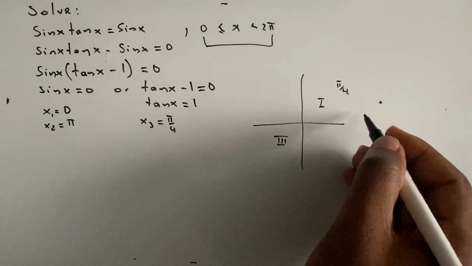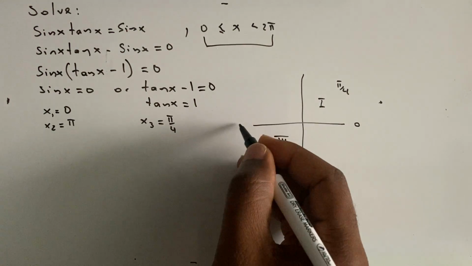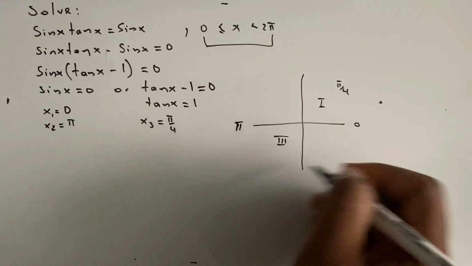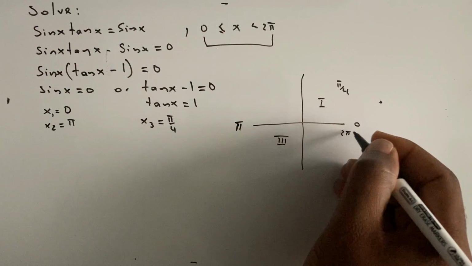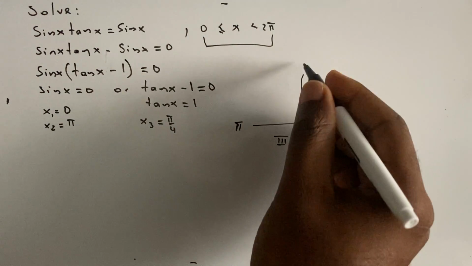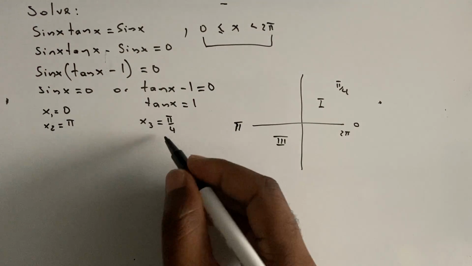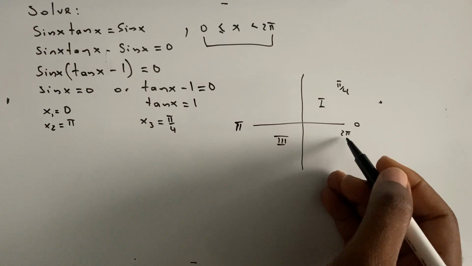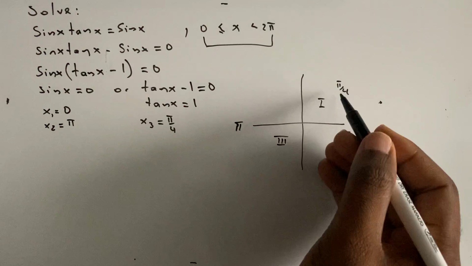And also here, because this is 0 right here, and pi, and if we go full circle, it's 2 pi. Then this is pi over 2 and 3 pi over 2. So if I go from 0 all the way to 2 pi, I can get these two angles, pi over 4.